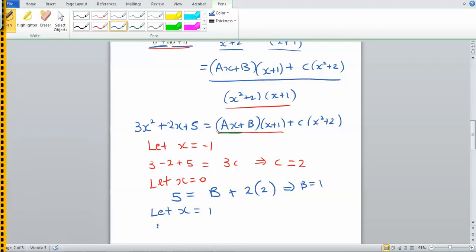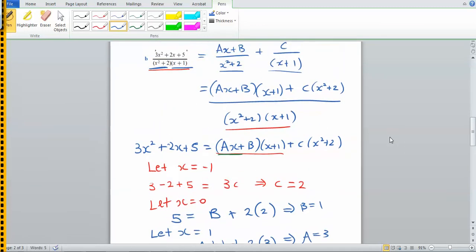Then 3 plus 2 plus 5 is 10, equal to 1a plus b, so that's a plus 1, plus c times 3, which is 6. We can rearrange that, so we've got a is equal to 3. We've now found what a, b, and c are.